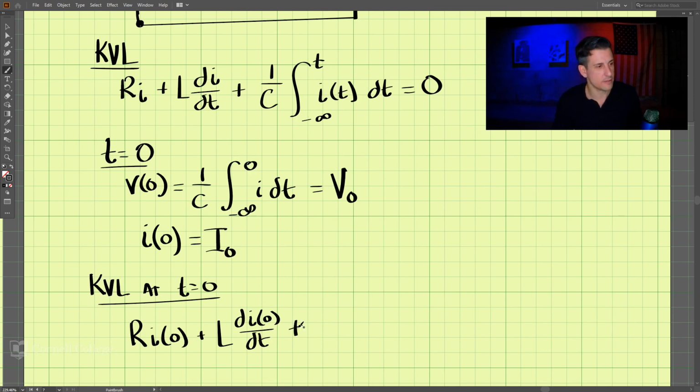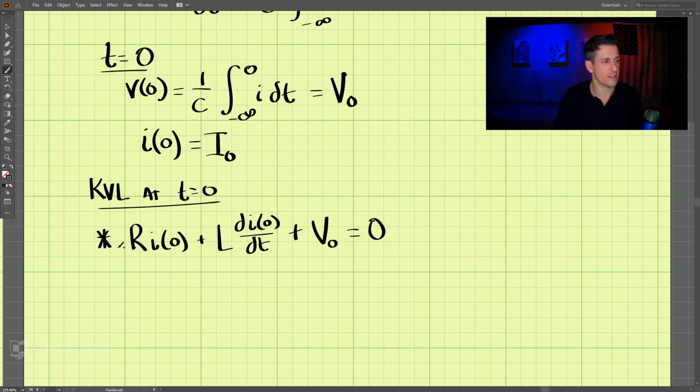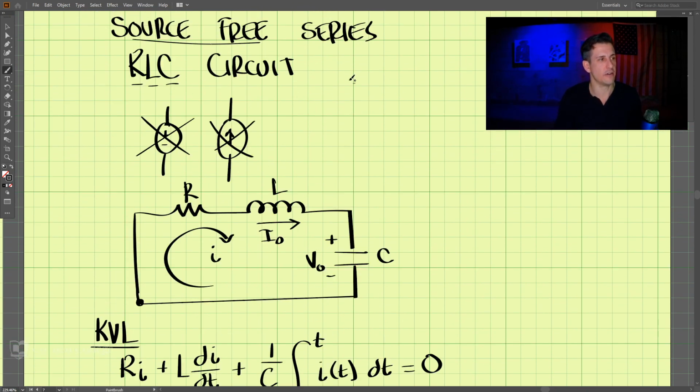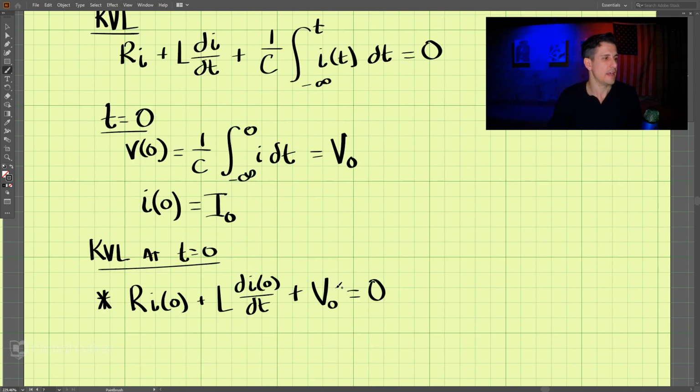And then plus, we have this mess here, but at time 0, we know that that value is just V naught, is equal to 0. So we know that this equation must be true for our source-free series RLC circuit. So what we did there is took equation 1 and subbed that in, and we got this equation.